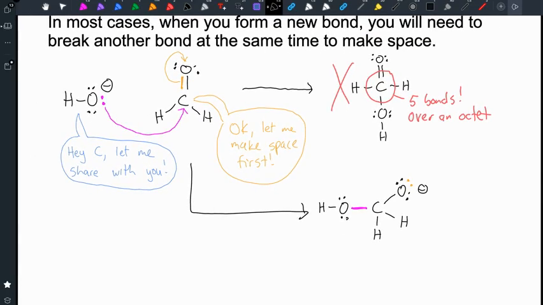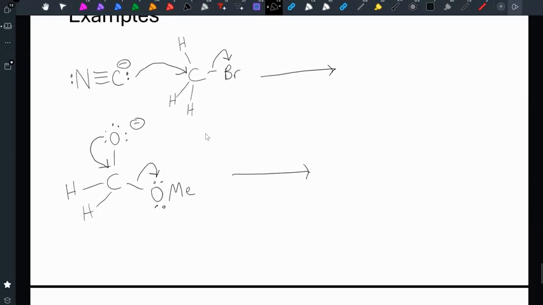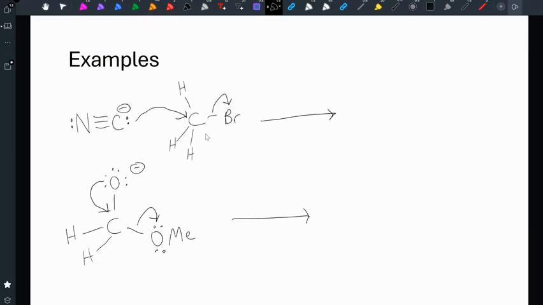All right. Last thing now to do is look at a couple examples. And then next time I'll talk about how we could predict when two atoms might form a new bond or when a bond might break. So here are two examples. I've given you curved arrows. I want you to draw what you think the products would look like. And if it helps, I can color code for you.